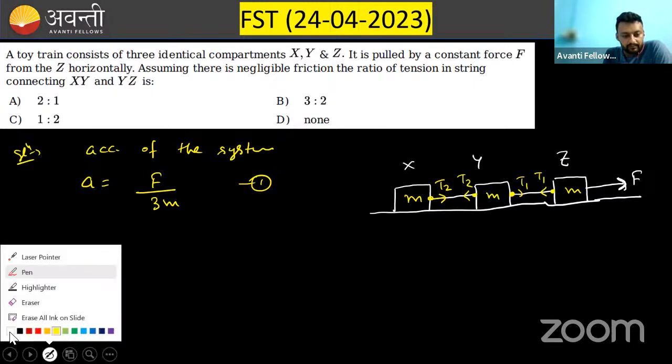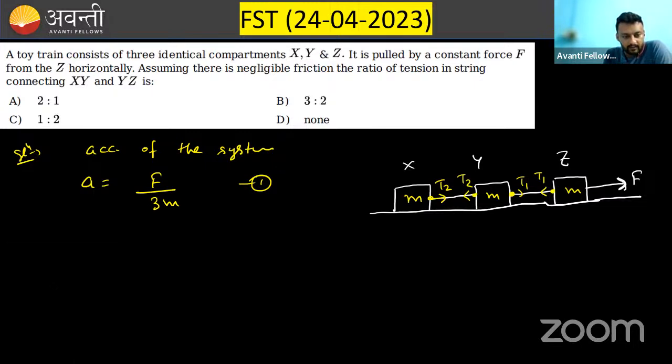Now, if I talk about compartment X, only T2 is acting on this X compartment. Only T2 is acting in this horizontal direction. You can see that. So net force T2 should be equal to mass into acceleration.